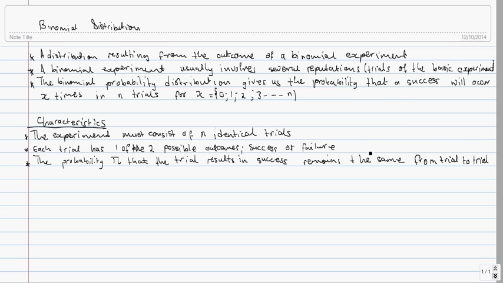Okay, so if they say the probability of success is 10%, it will always be 10% from each trial to the next. And then another important point is that the trials are independent of each other.